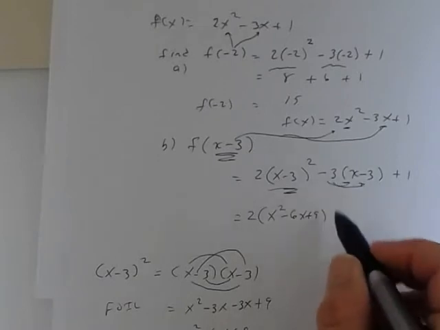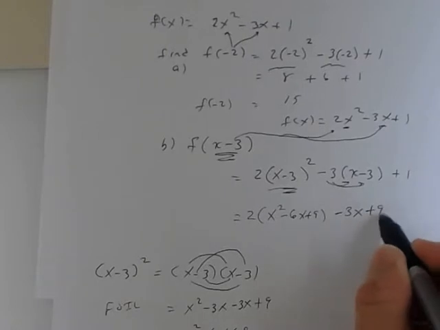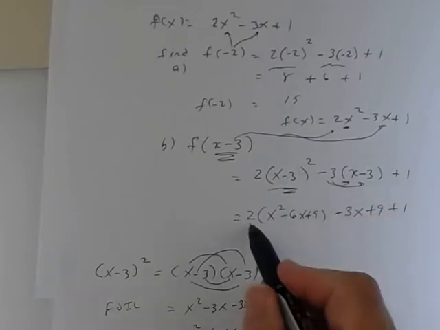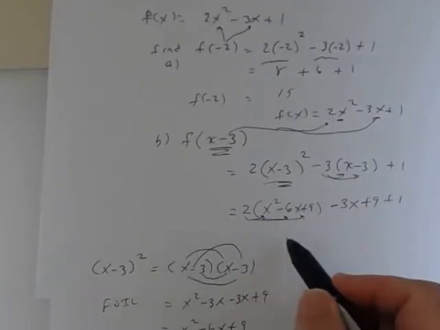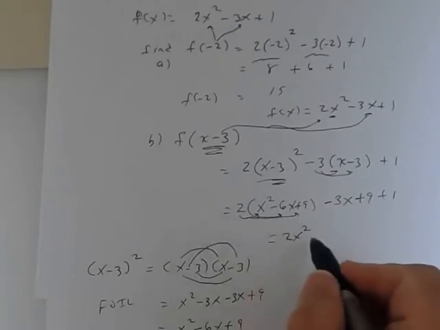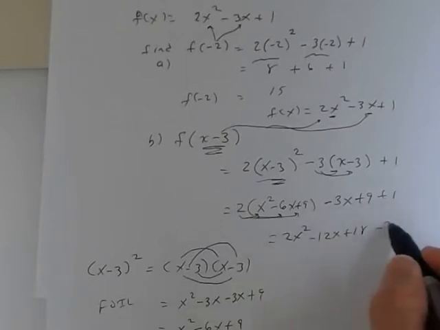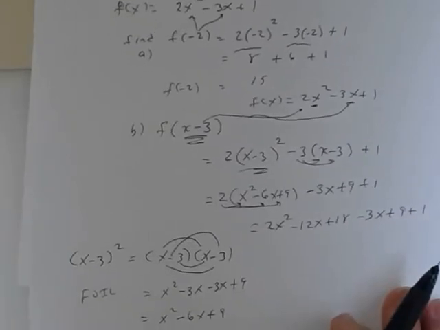So what does that become? Very good. And then plus 1. Now distribute this. What do you get? Y'all agree it's 2x squared? What else? Plus 18, and write everything else over.